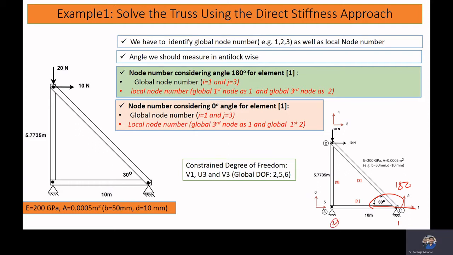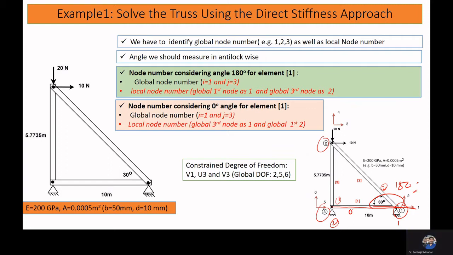If we consider this as our first node and this as second node, in that case our angle will be 0 degrees. Since I have picked this as first node, this as second node, and this as third node, for my case the angle will be 180 degrees.